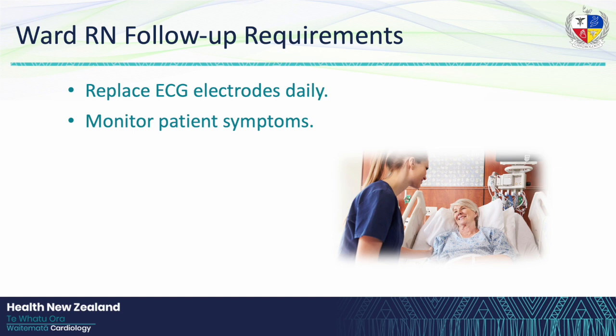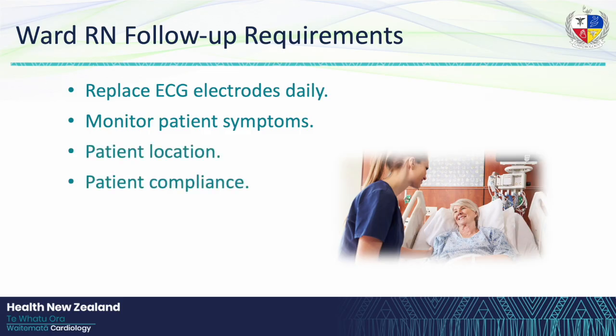The ward nurse must also document any patient movements, transfers, or non-compliance issues and keep the telemetry nurse informed of changes in patient status. In cases where the telemetry nurse requests follow-up, the ward nurse may need to perform additional assessments or notify the medical team of significant findings. Consistent follow-up and communication are key to effective cardiac rhythm monitoring.